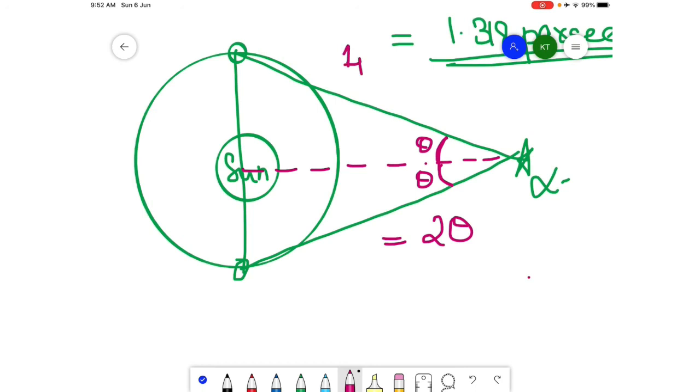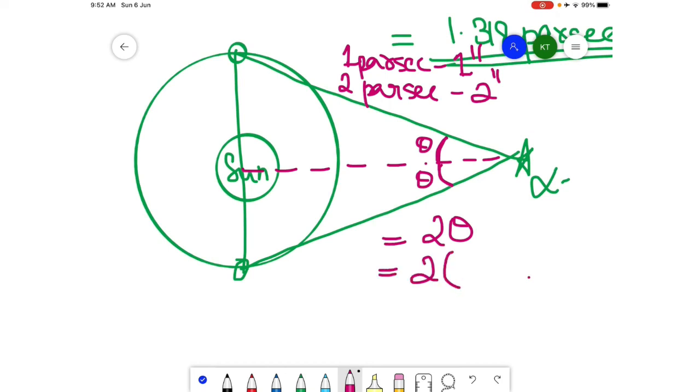So we know that 1 parsec gives us 1 second, right? If it was 2 parsec, our theta would be 2 seconds. Therefore, here our theta would be 2 into, what is theta?